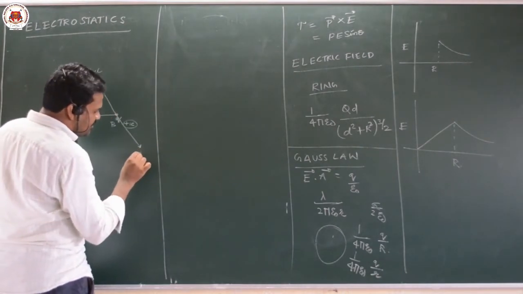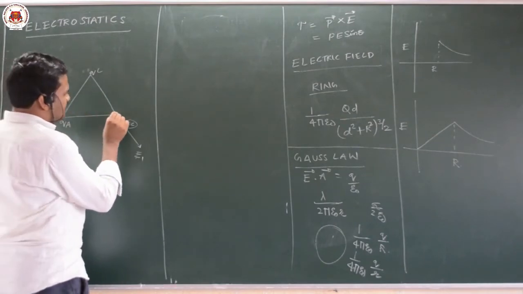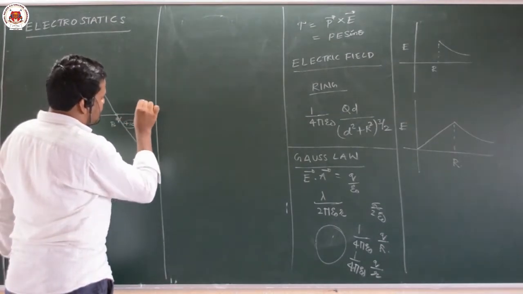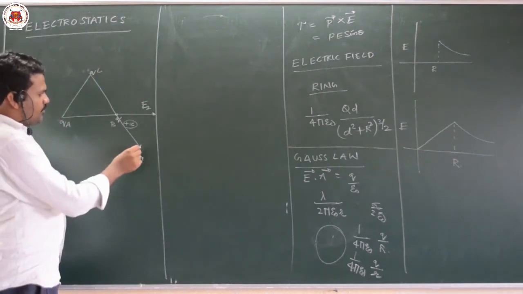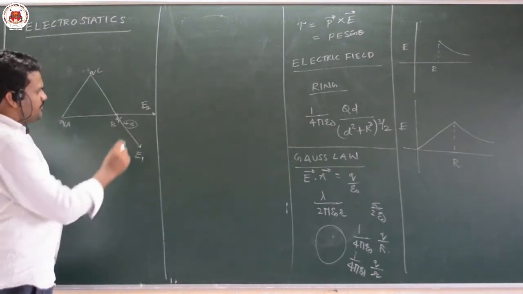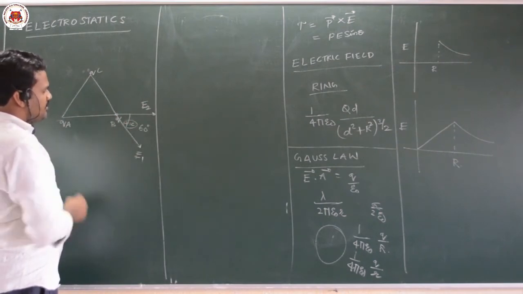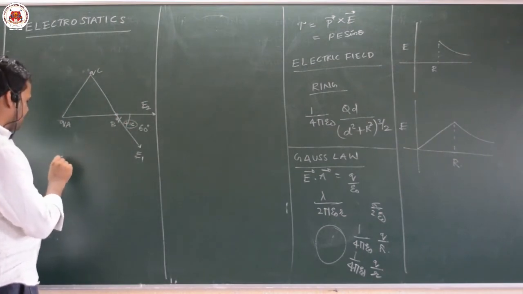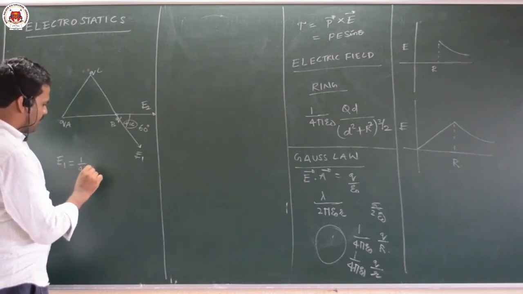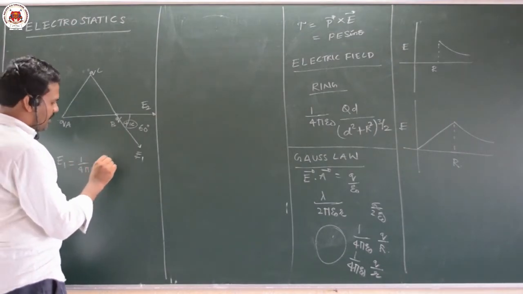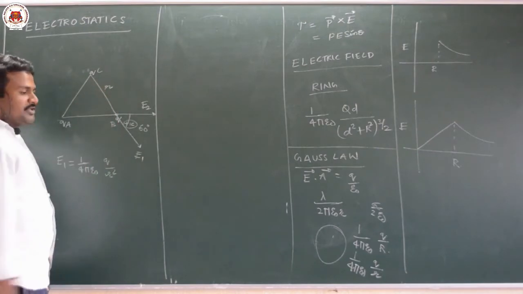Let us take this as E1. Next, this positive charge also will repel this. Let us take this as E2. Both E1 and E2 are acting at an angle of 60 degrees. Then E1 is equal to 1 by 4 pi epsilon naught q by r square, where r is the side length.